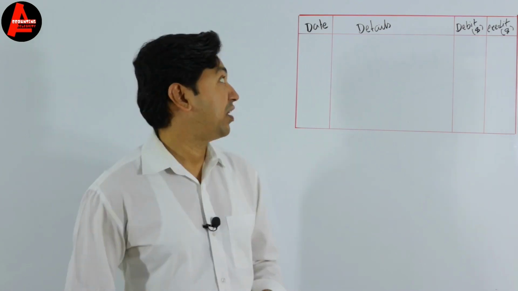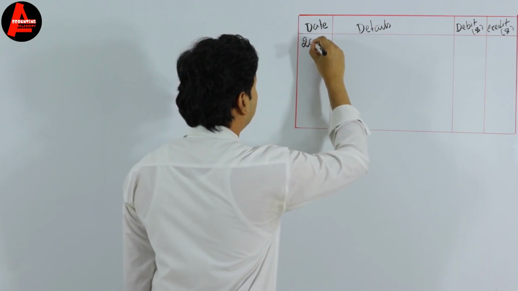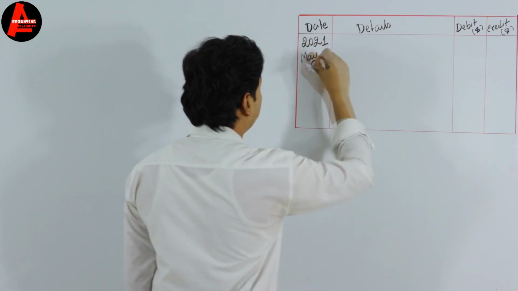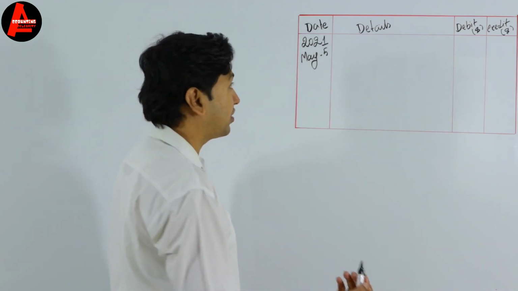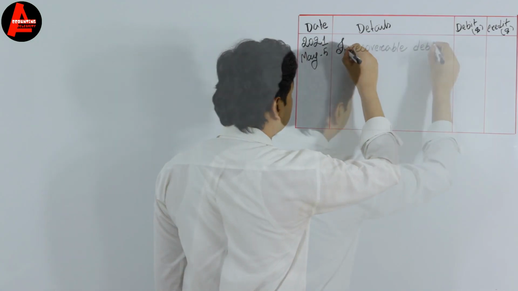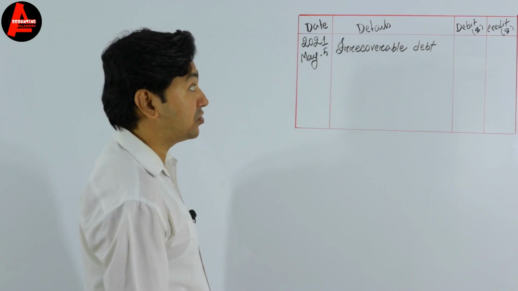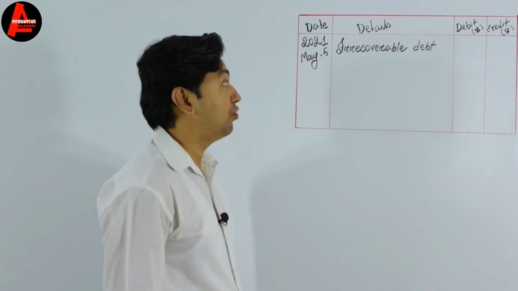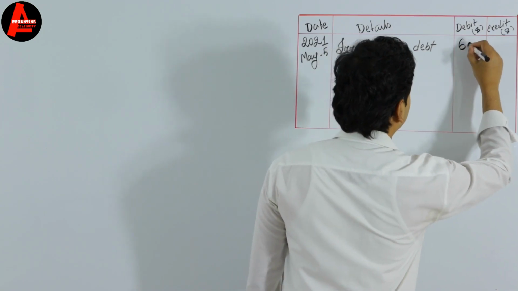Let us write the date first, 2021 May 5. Our debit account is irrecoverable debt. This account is to be debited, so in the debit column we will write the amount, which is $600.